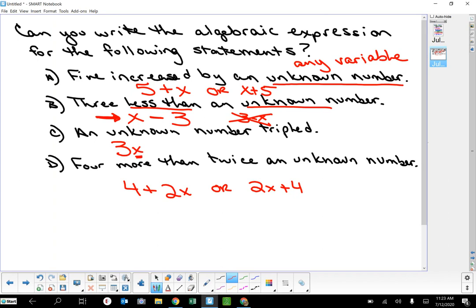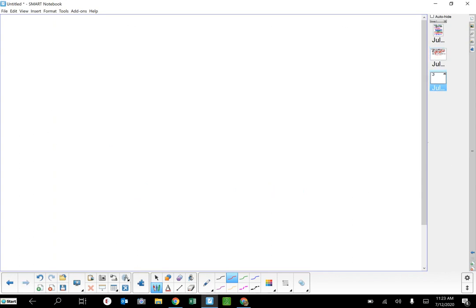Okay, so those are some fairly straightforward ones. Now I'm going to do a couple different examples where we're going to set up an expression, and then we're going to do a bunch where we're actually going to solve some equations. And hopefully these get easier and easier for you as you go.